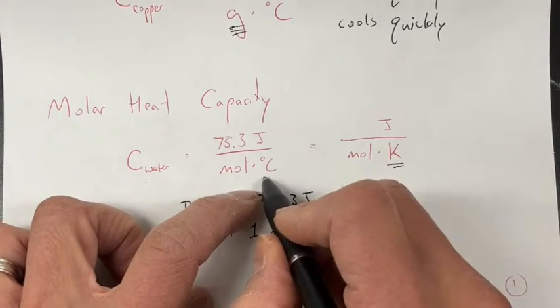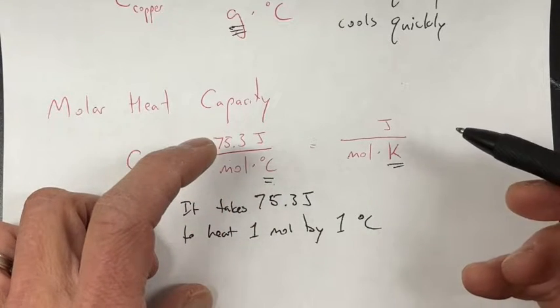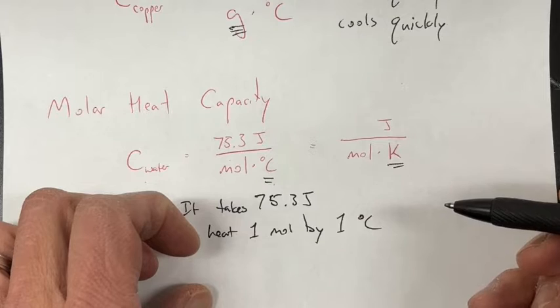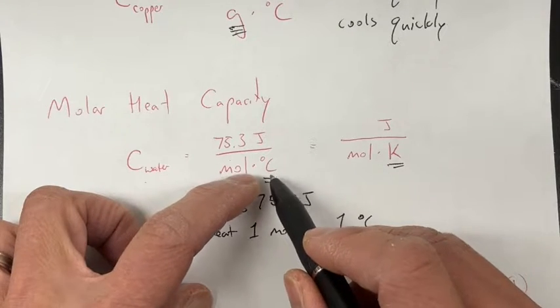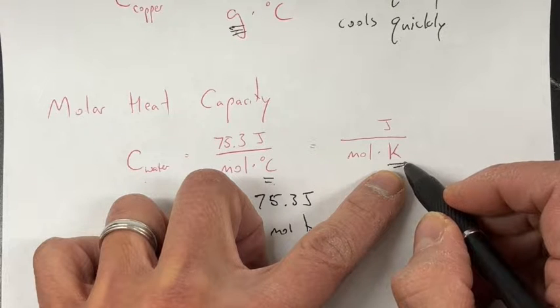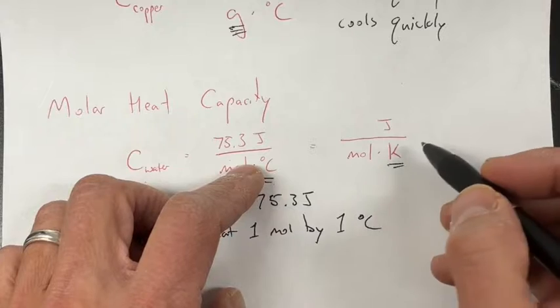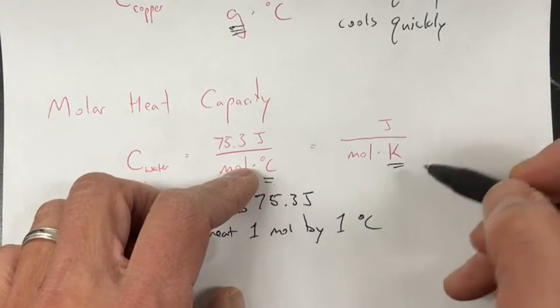If you remember the Celsius scale and the Kelvin scale, they're scaled the same. They just start at different numbers. So if I go up by 1 degree Celsius, I'm also going up by 1 Kelvin, because remember, Kelvin is just Celsius plus 273.